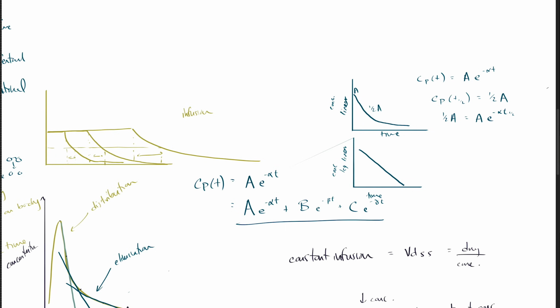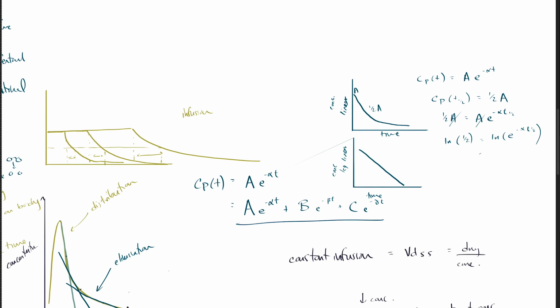And so we can cancel and we can apply ln to both sides. ln e to the negative alpha t half.